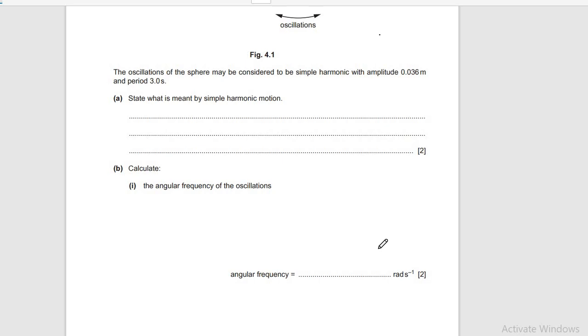Okay, let's make it simple. Like what they said, simple harmonic motion, 2 marks.